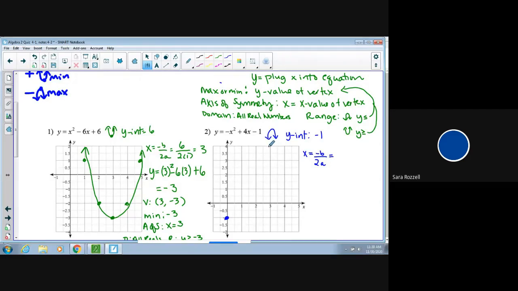Raise those fingers up. a, b, c. The b value is 4. So negative 4 over 2 times our a, the number in front of the x squared, negative 1.